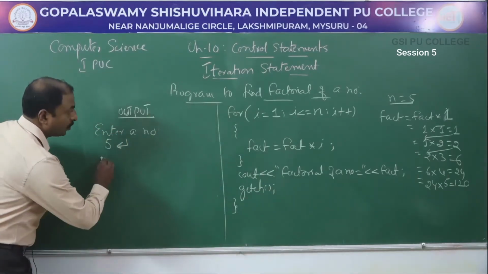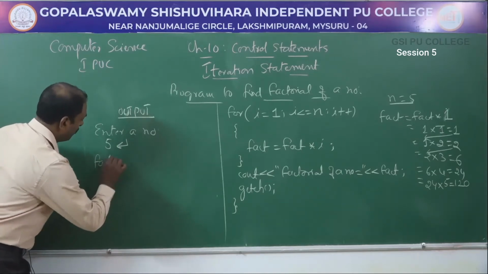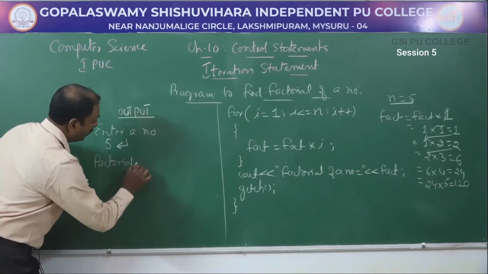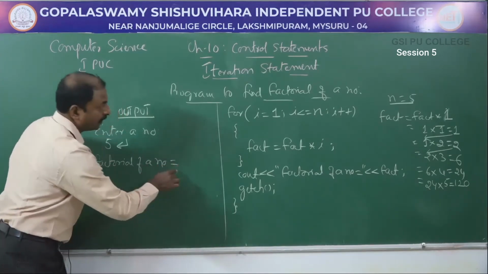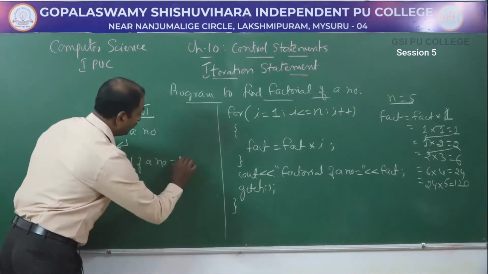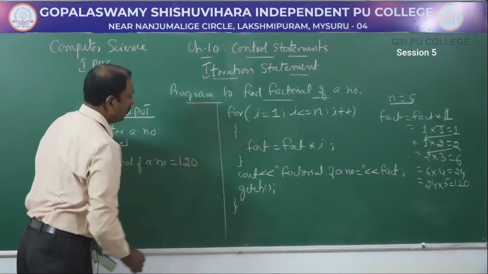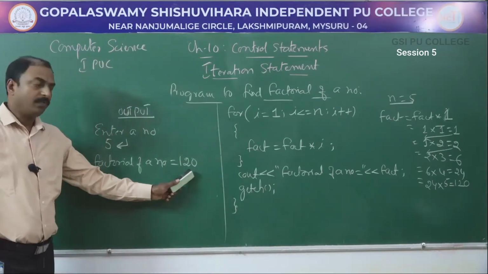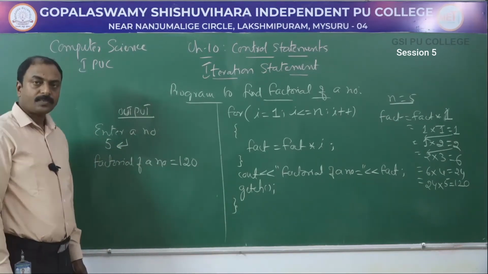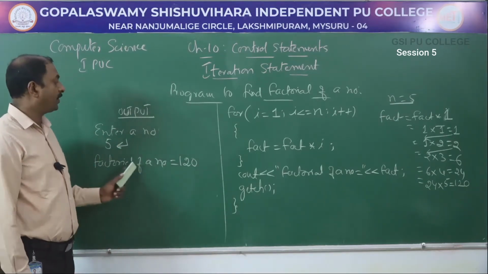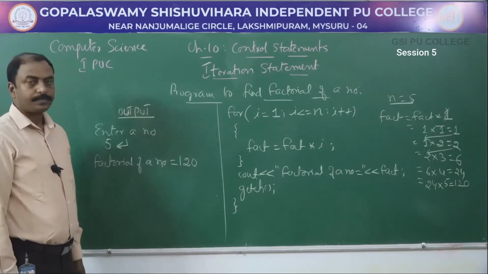So here it is going to print factorial of a number equals. In this example, n is 5, factorial is 120, so it is going to print 120. So this is a program to find out the factorial of a given number n.